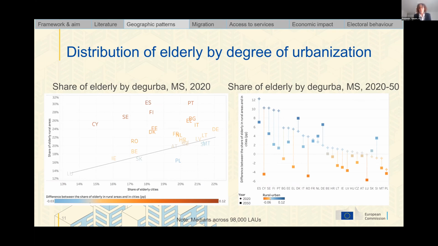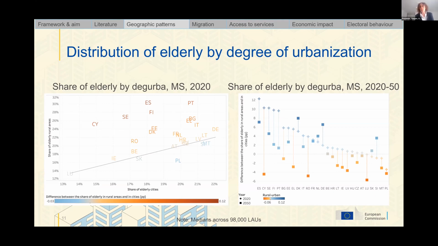For some other countries, at different levels of aging, you have about the same shares. It's the case of Germany, which has a very high share of elderly, and also of Ireland, where the share of elderly in both typologies is lower. And in other countries like Slovakia, Slovenia, Malta, and Poland, there are more elderly living in cities than in rural areas.